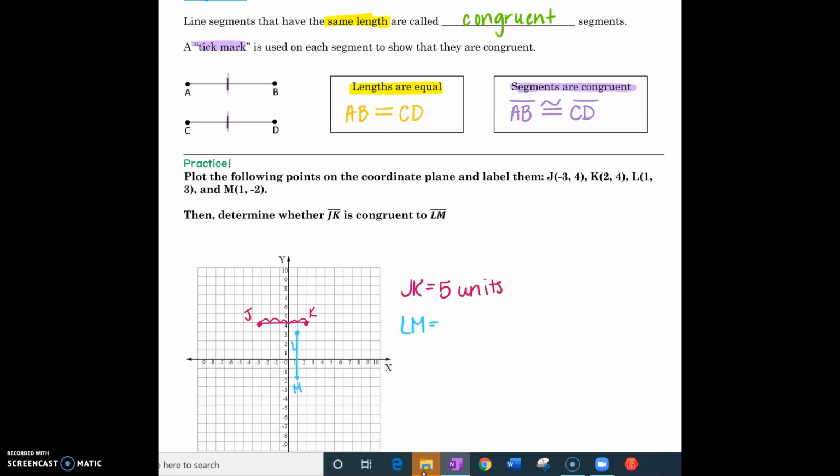And for the length of LM, we have 1, 2, 3, 4, 5 units. Because the lengths are the same, we know the segments are congruent. So the length of JK is equal to the length of LM, which tells us segment JK is congruent to segment LM.